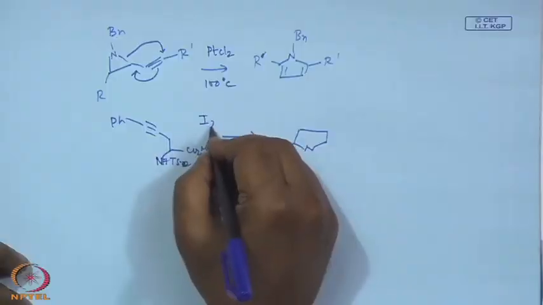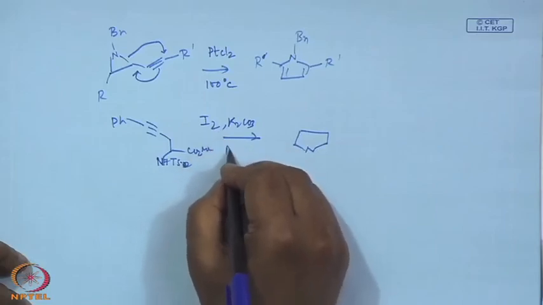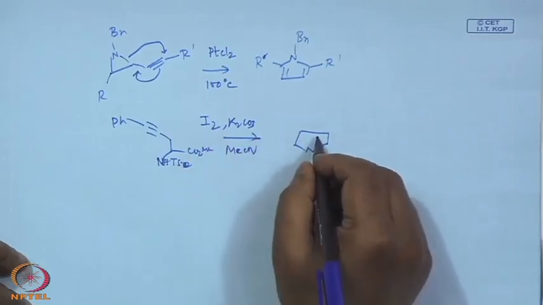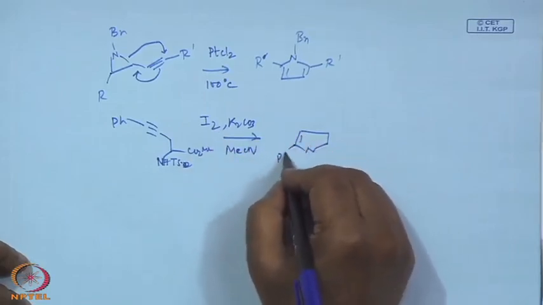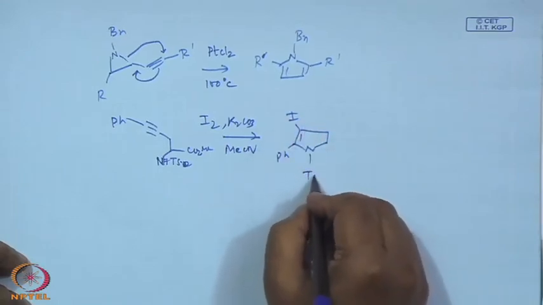Many people actively work on iodocyclizations, iodolactonizations. I think Samim's work is based on that. So, in this example, let us say just iodine, potassium carbonate and acetonitrile, in one shot you will get this iodolactone. Iodine activates the alkyne, and this is tosylate.